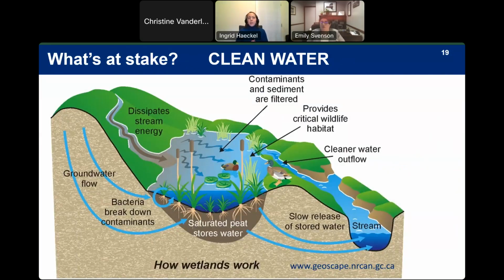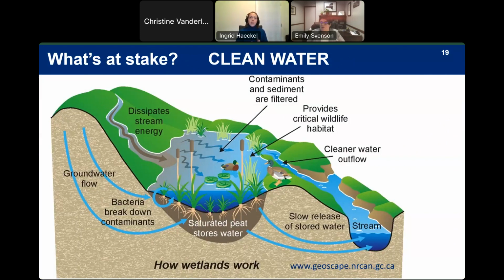So next I'm going to talk briefly about the functions and benefits of wetlands and streams. And this is a diagram showing the overview of wetland functions and relationship with surrounding landscape. Water typically enters wetlands through streams and surface water runoff, or sometimes by groundwater discharging to the surface.